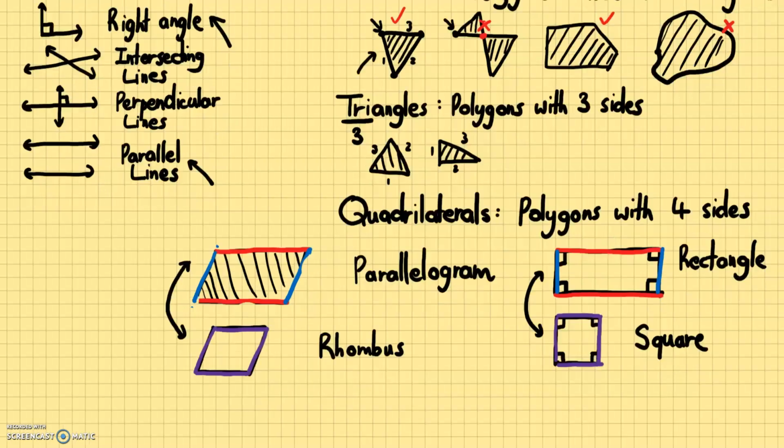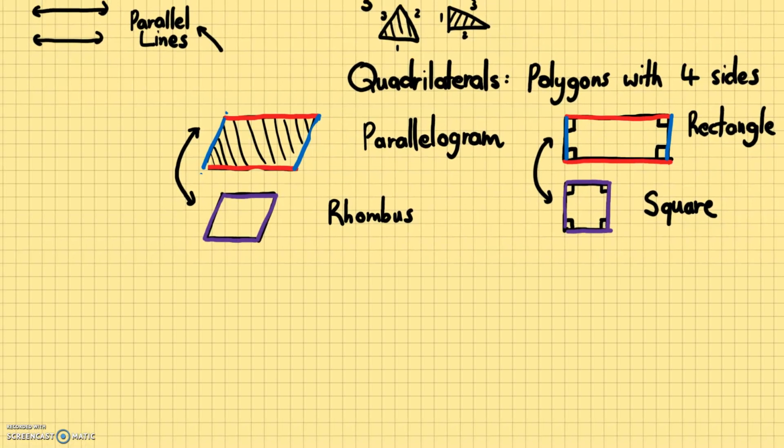Okay, and we have one last shape that I would like to look at. This is a quadrilateral where only one of its pairs of sides are parallel. So with this shape right here, this side and this side are parallel, but this side and that side are not parallel, because if you extend this line like this, and extend this line like this, they're going to meet right there.